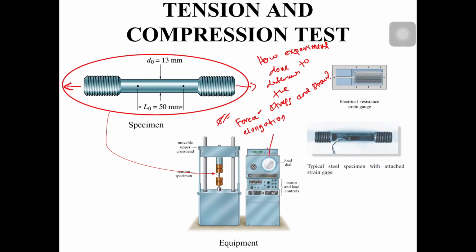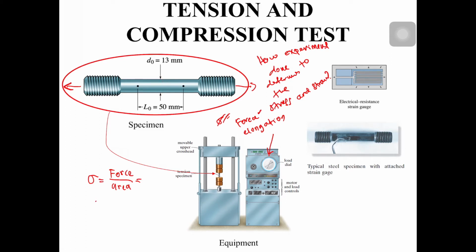So when you get the force and elongation from this reading, you can simply calculate the stress as P, the force, over area. The force is from this and the area is pi r squared, where r is the radius of this one.